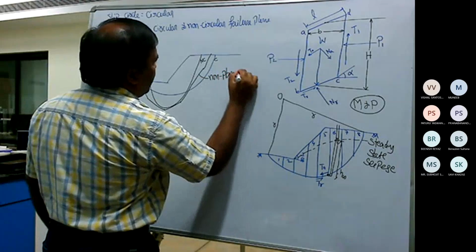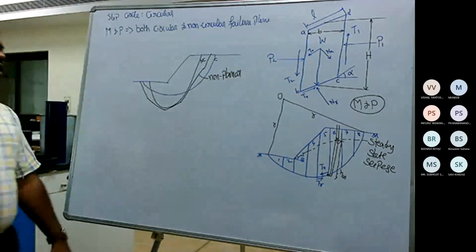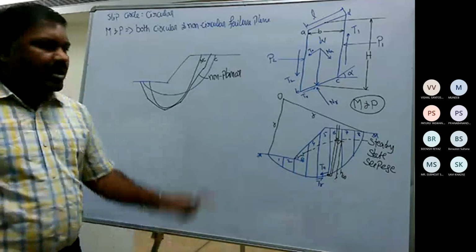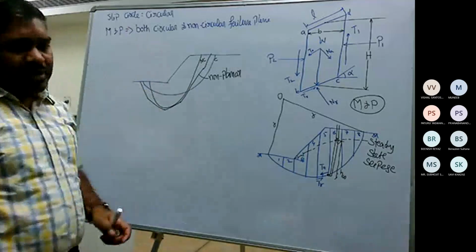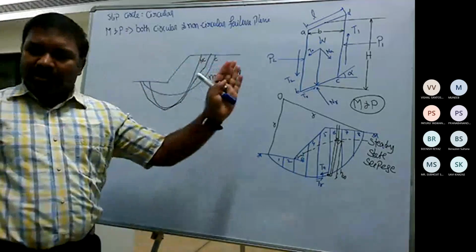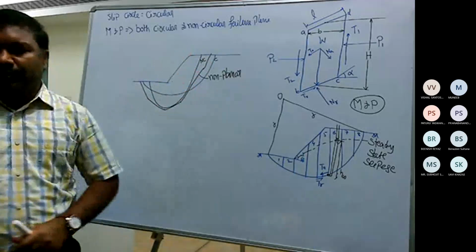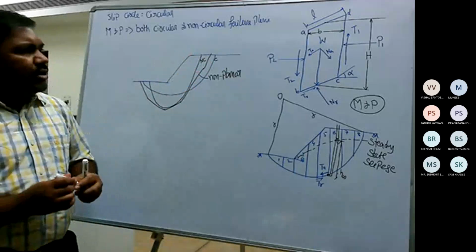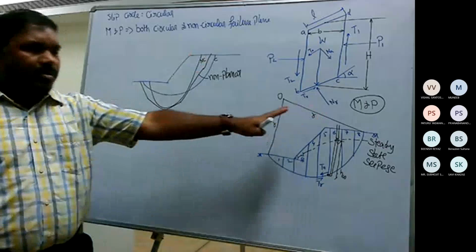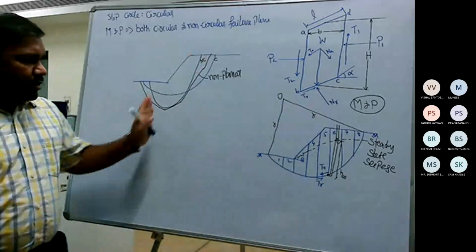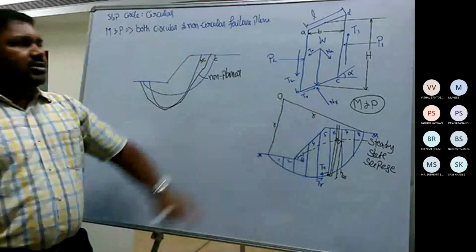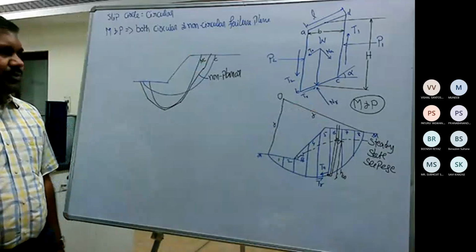All these cases can be considered if we go for the Morgenstern and Price method. Of course, other methods also consider circular, non-circular and non-planar failure surfaces, but I could remember only this method, so I may be excused. But this is the advantage of the Morgenstern and Price method.